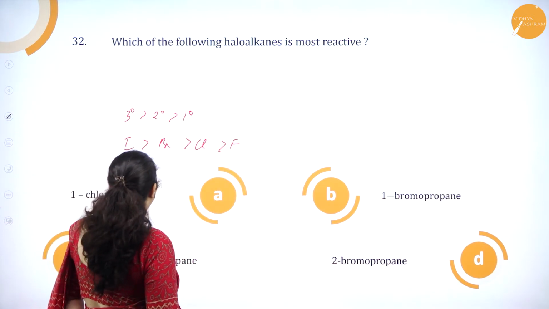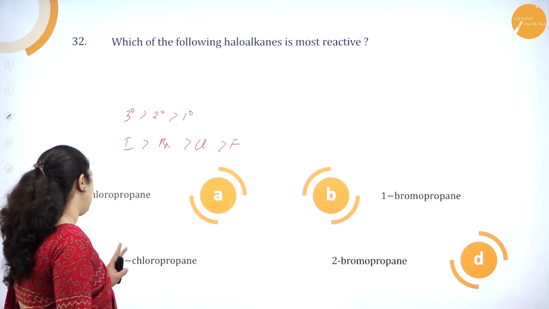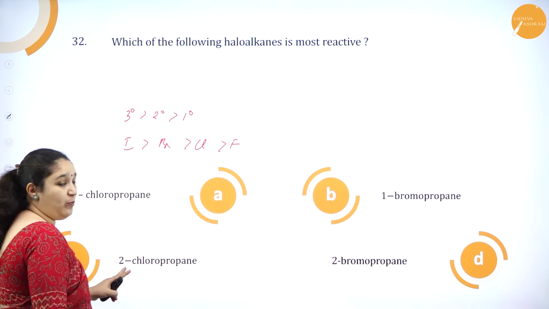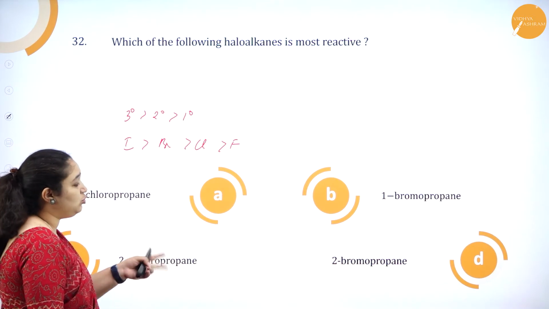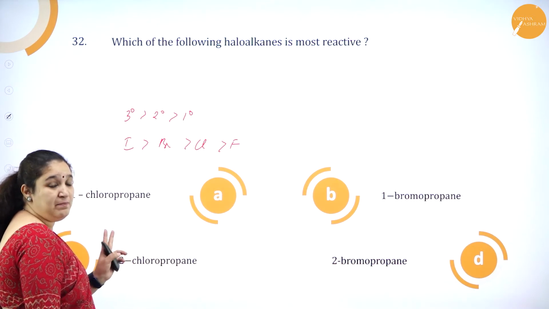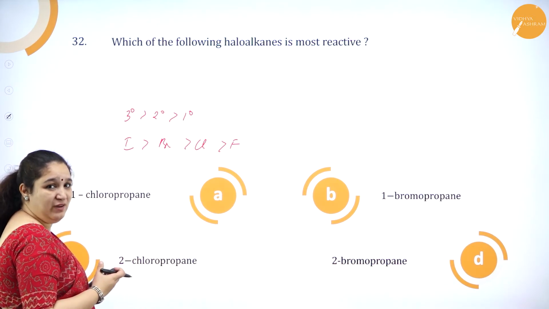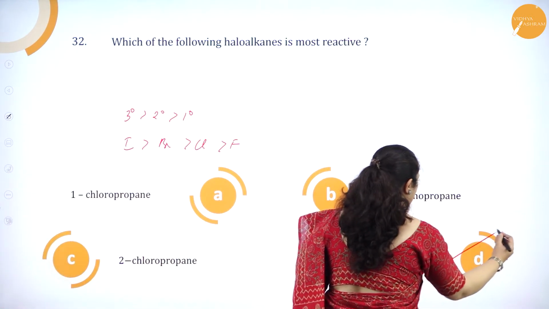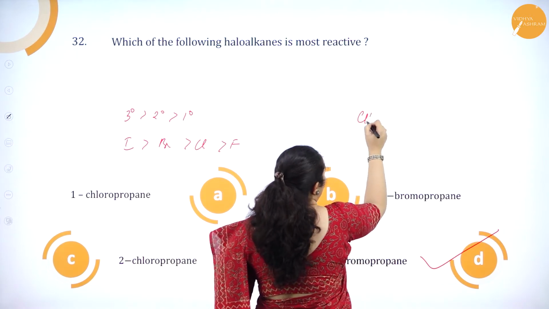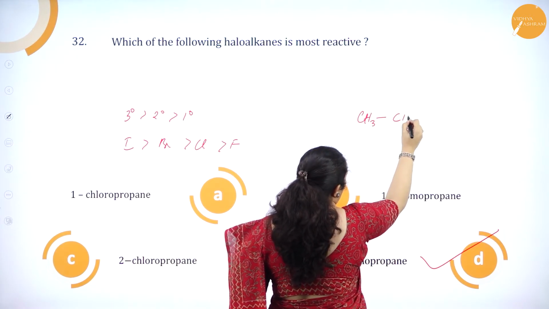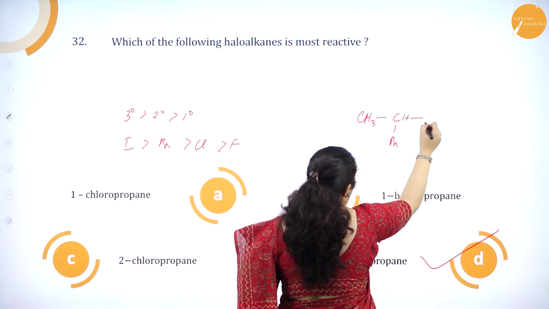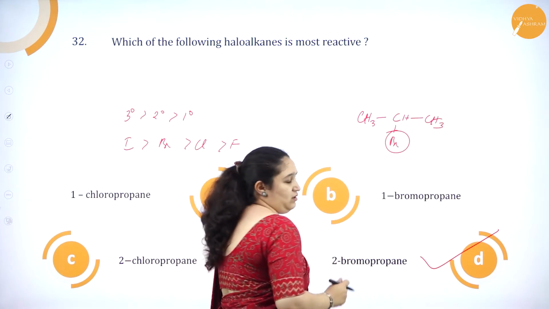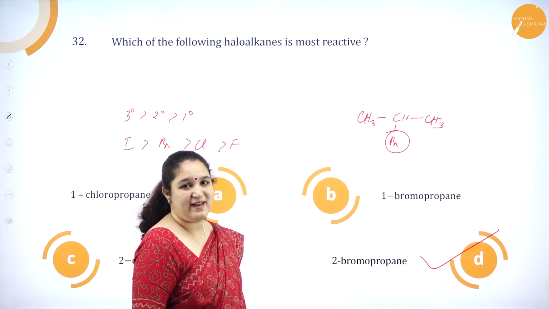So here 1 chloropropane is primary, 1 bromopropane is primary, 2 chloropropane and 2 bromopropane are secondary. But among these, bromine, if it is there, it is more reactive. So obviously D, that is CH3CHBr-CH3. Secondary carbon atom it is attached to. So obviously it is more reactive.